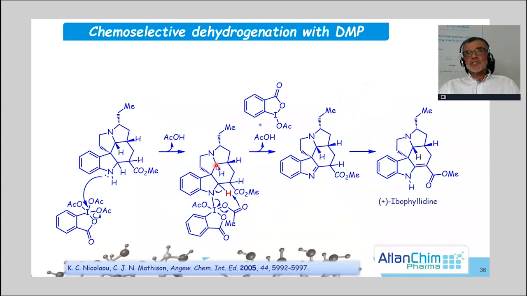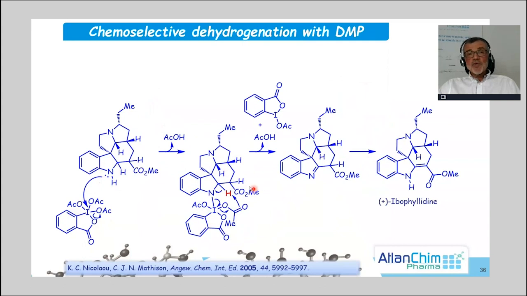Benzylic amines, as we have just seen, but also tertiary amines and related compounds can be dehydrogenated to afford the corresponding iminiums following a mechanism close to that described just before. So concerning the previous example, this aromatic amine reacts with Dess-Martin's reagent to form this complex with a concomitant loss of acetic acid.